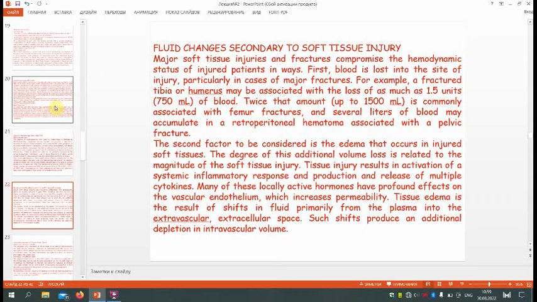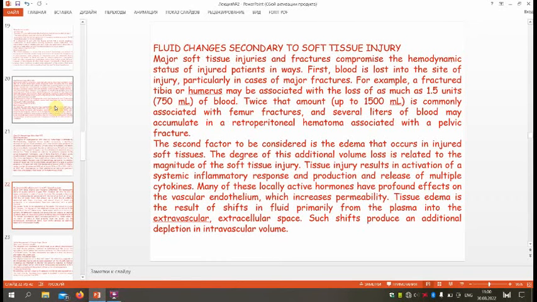Next is fluid changes secondary to soft tissue injury. Major soft tissue injuries and fractures compromise the hemodynamic status of injured patients in two ways. First, blood is lost into the site of injury, particularly in cases of major fractures.